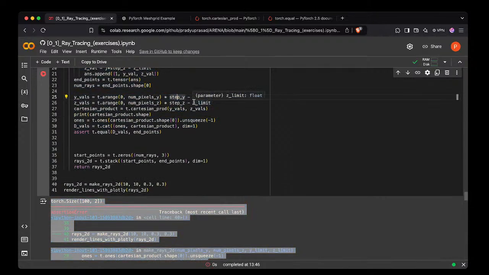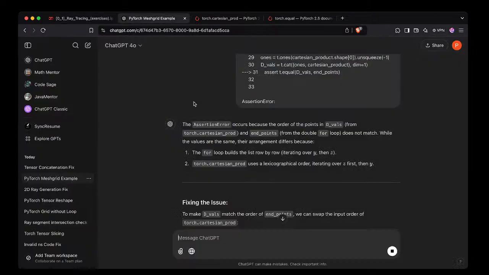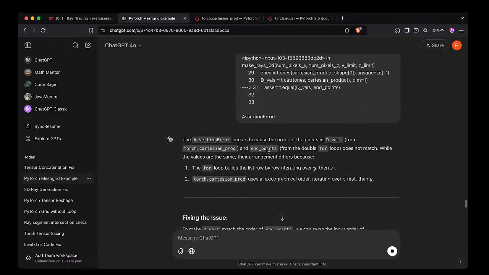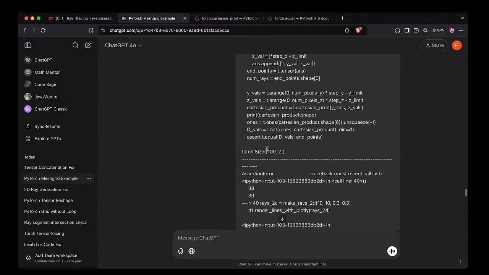Oh. The Cartesian product does y and 0 in the input.